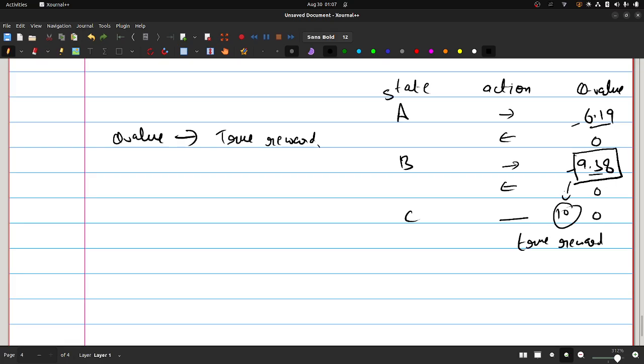It will explore in the first few episodes, but after certain episodes the Q value gets saturated with time, and the agent will choose more and more these actions in these states. So this will determine what path the agent will take; after, let's say, 10 or 20 epochs it will be very clear. This is how the agent will learn to take certain actions at particular states.